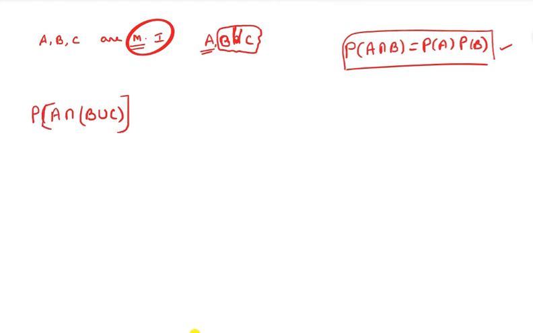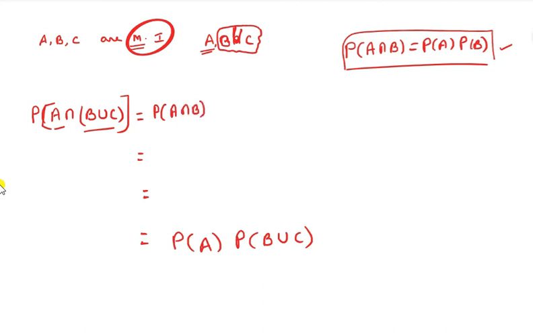If you say P of A intersection B union C is equals to P of A into P of B union C, then we can say these two are independent events. Now you can observe here, this we can write it as P of A intersection B union A intersection C. Just I applied the distributive law.